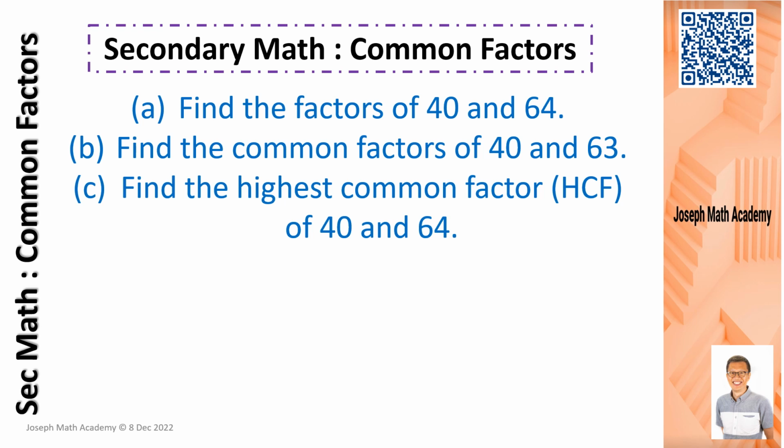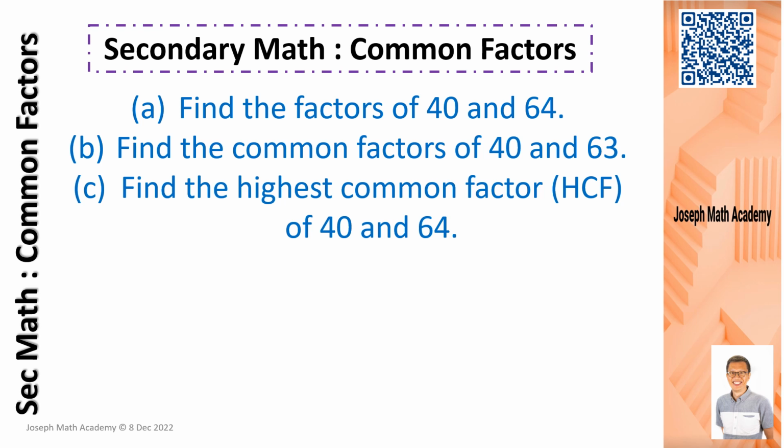In secondary school, we can still use the same way of listing, but we can also use another way, called the repeated division way. This repeated division is similar to what you learned in primary school, but the symbol is used in the opposite way. Let me illustrate with an example.